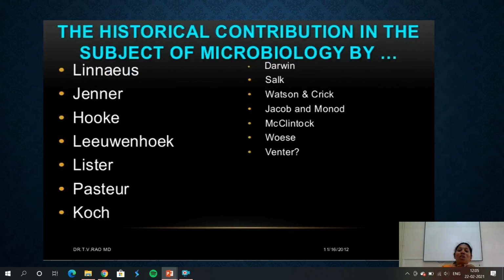Coming to the historical contributions, there are a set of scientists who contributed to microbiology: Linnaeus, Jenner, Hooke, Leeuwenhoek, Lister, Pasteur, Koch, Darwin, Salk, Watson and Crick, Jacob and Monod, McClintock, Venter.